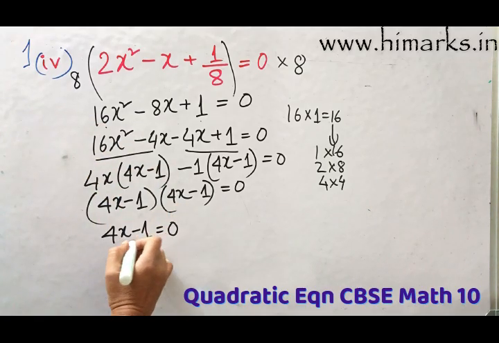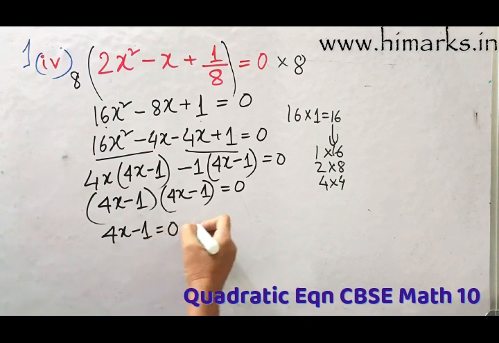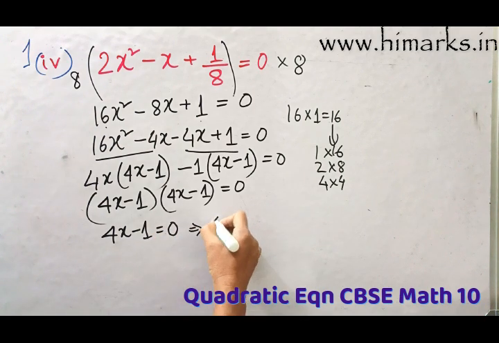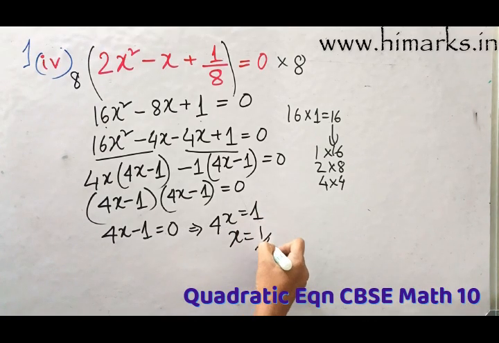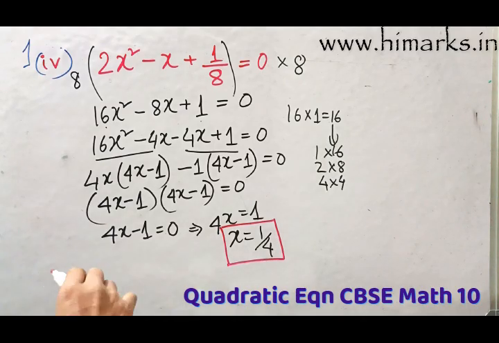So from here, this gives 4x equal to 1 and x equal to 1 by 4. So both the solutions are the same here. So that means this is the root of the equation, x is 1 by 4.